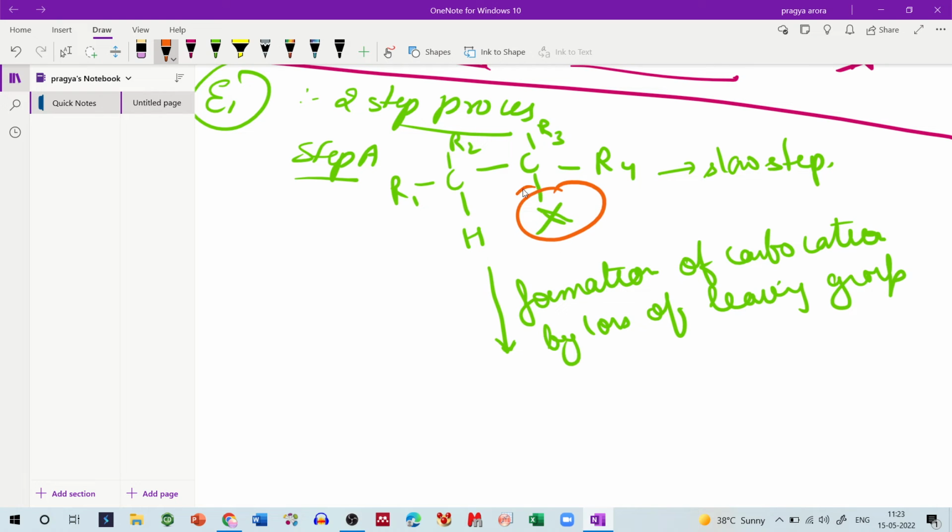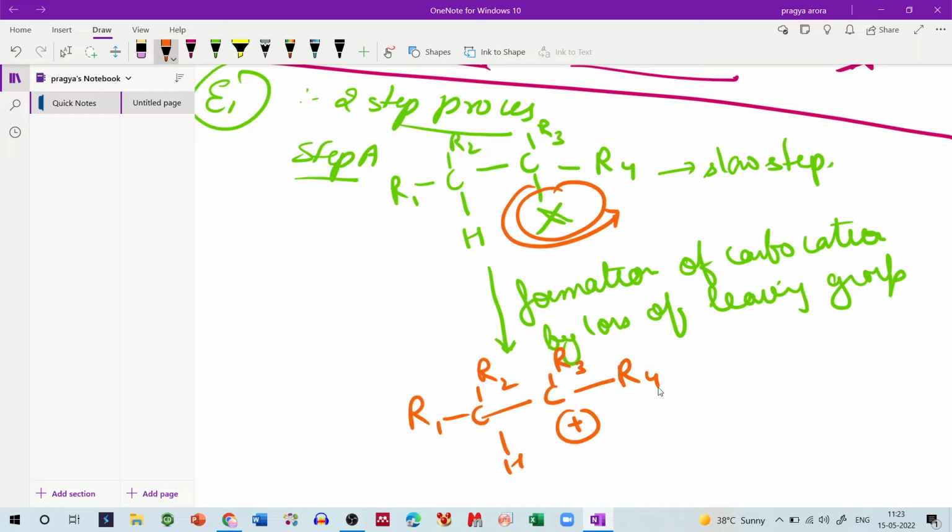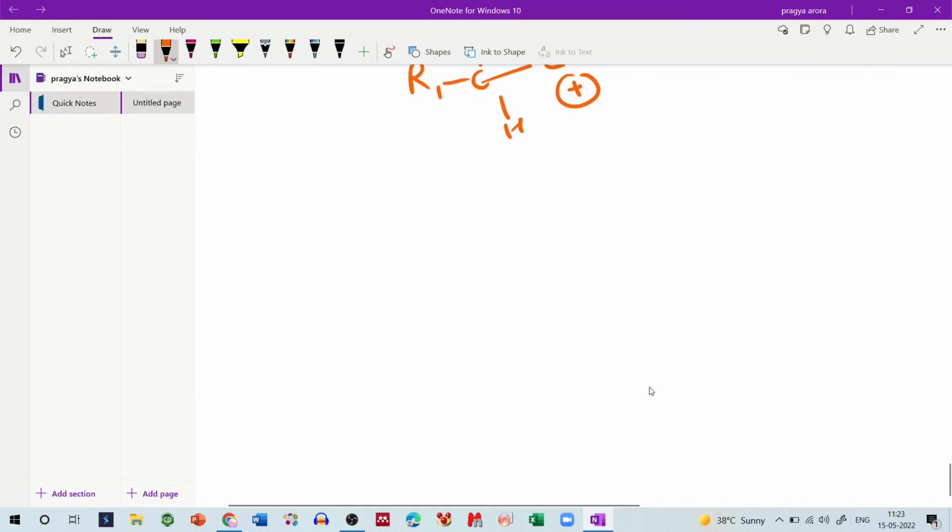The leaving group X leaves first and generates a carbocation, with a positive charge at this carbon with the R3 and R4 groups. So this carbocation is generated. This is the first step.